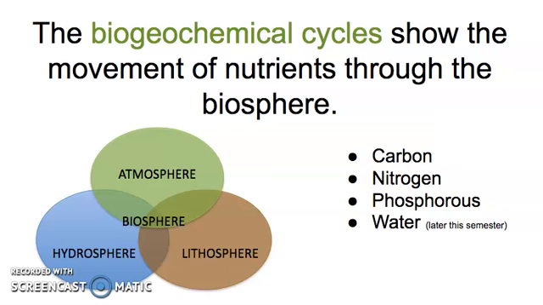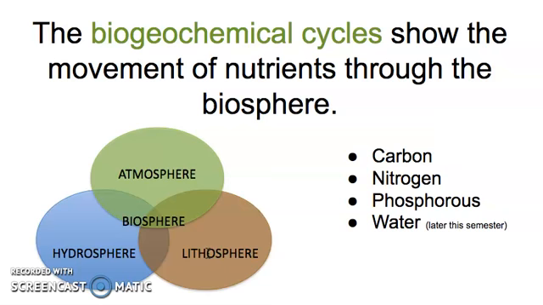So the connector that brings the hydrosphere, the atmosphere, and the lithosphere together in the biosphere is plants. When plants take these nutrients up through their roots, then they can transfer them to consumers.